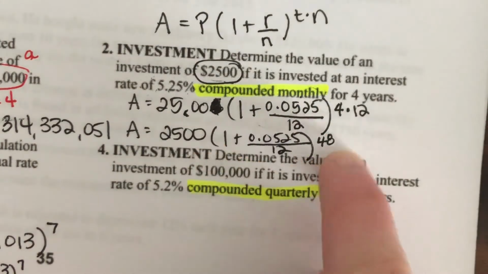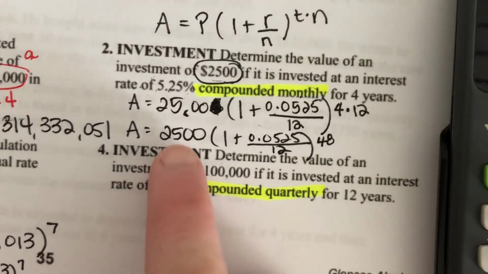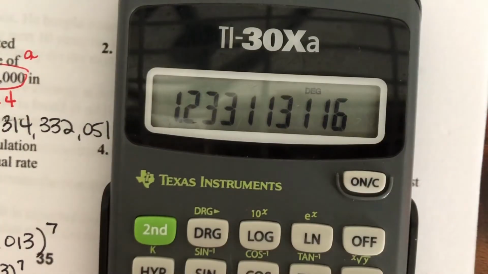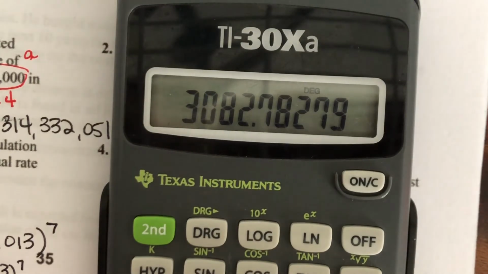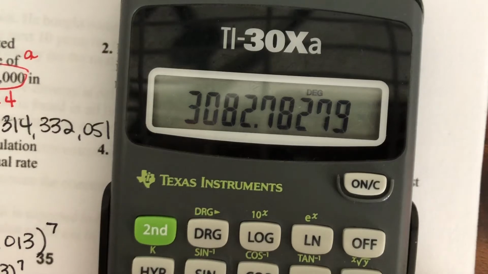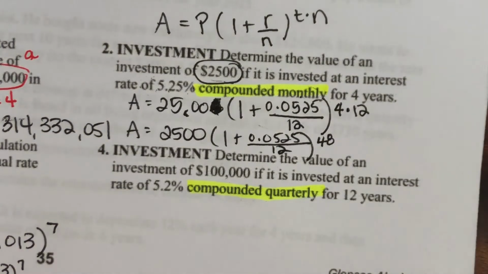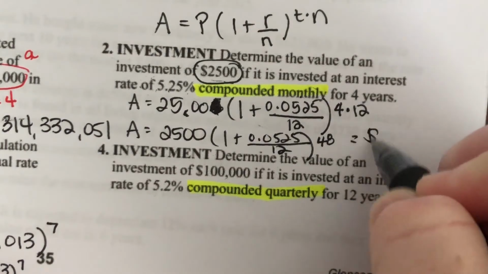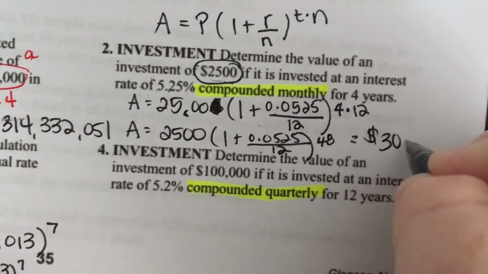So all of this equals this, and then I've got to multiply it by 2,500. 2,500 times that equals 3082.78.